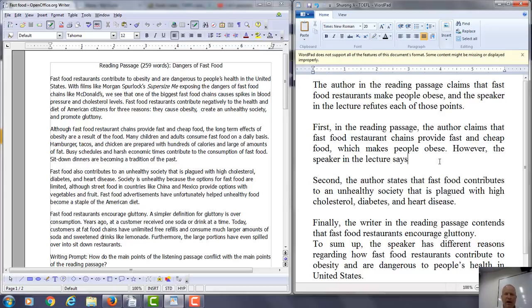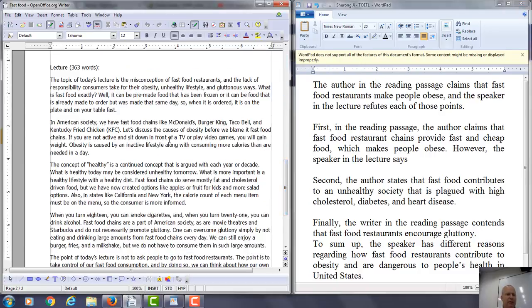you need to state what the main point in the lecture is, right? So let's take a look at this. So it says, let's discuss the causes of obesity before we blame it on fast food chains. If you're not active and sit down in front of a TV, you will gain weight. So obesity is caused by an inactive lifestyle along with consuming more calories.